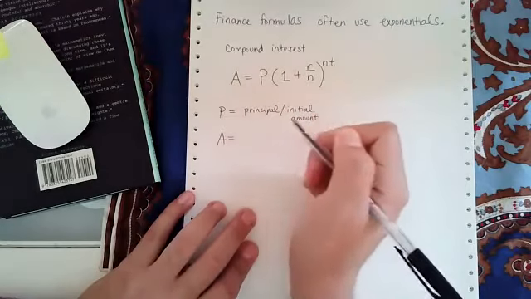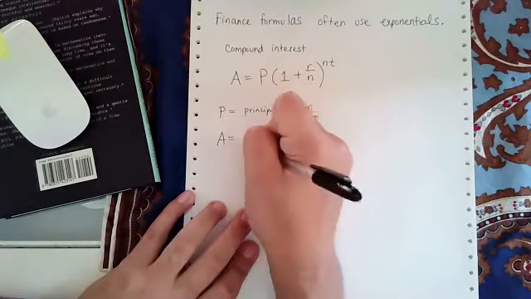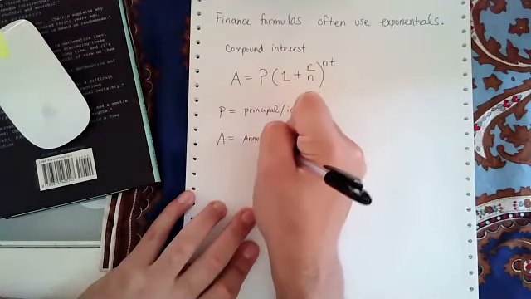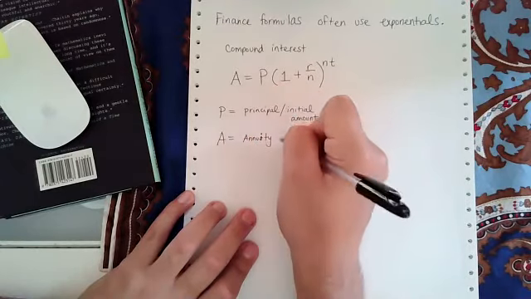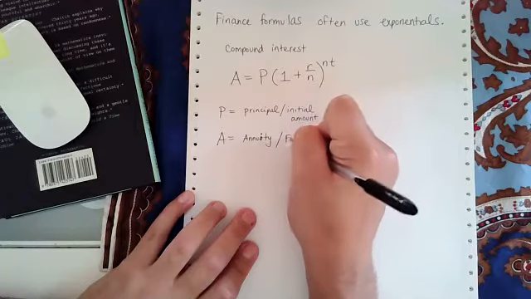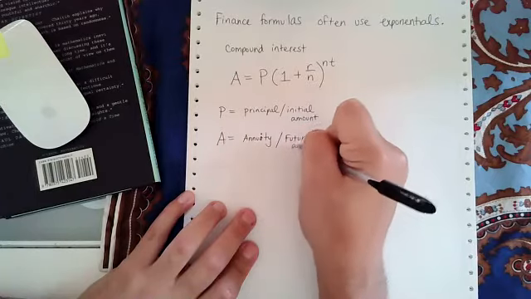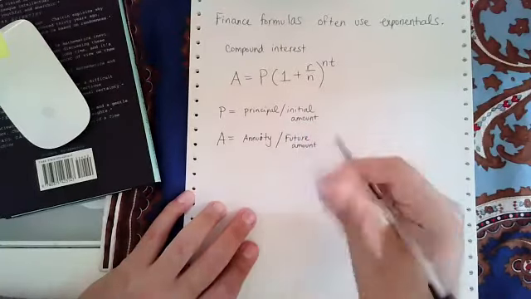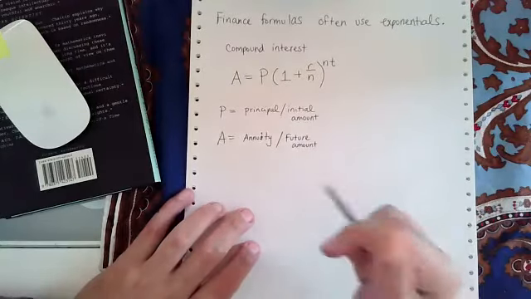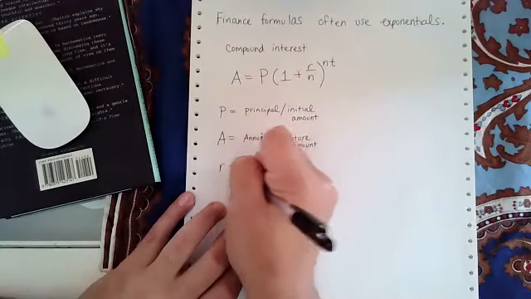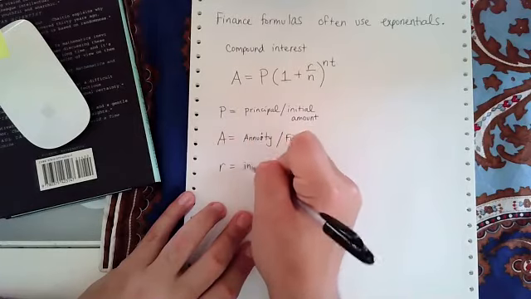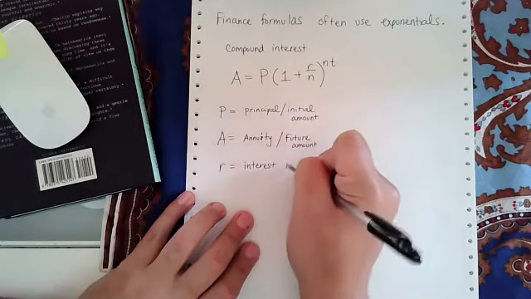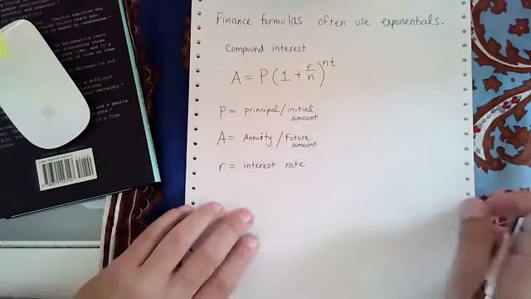A is going to be the annuity. That's an ITY, but I like to think of it as the future amount. So how much you expect to gain at the end of that investment. R is going to be the interest rate. Usually this is given as a percentage.